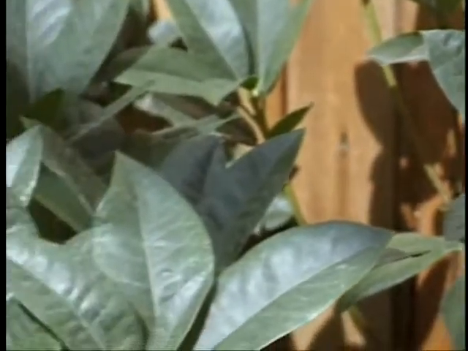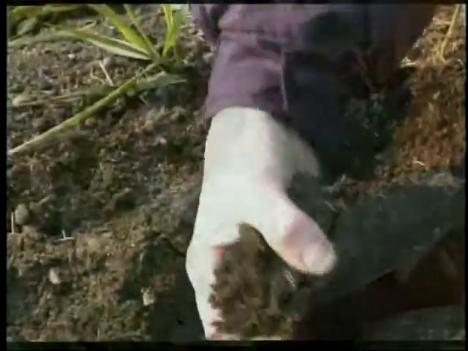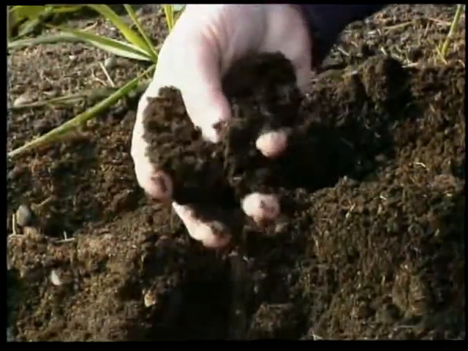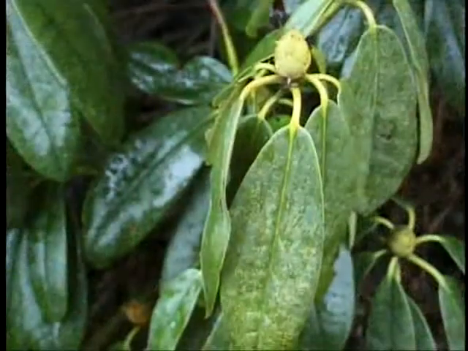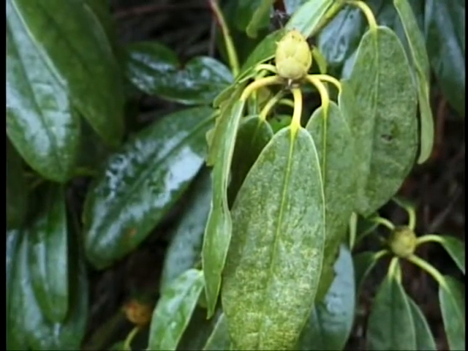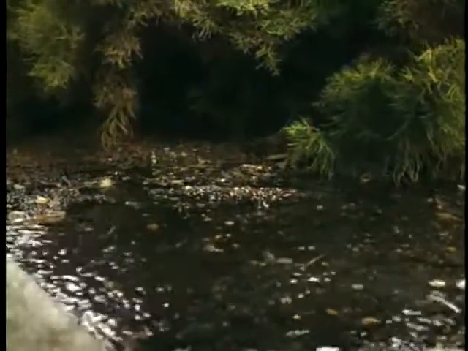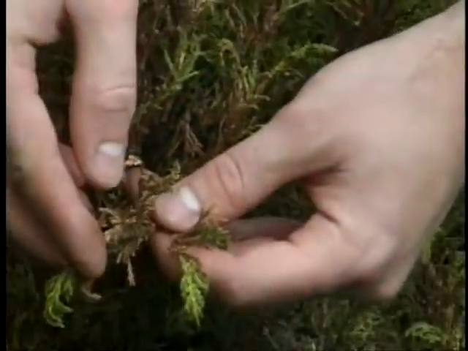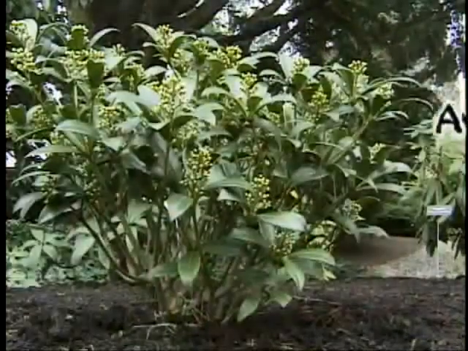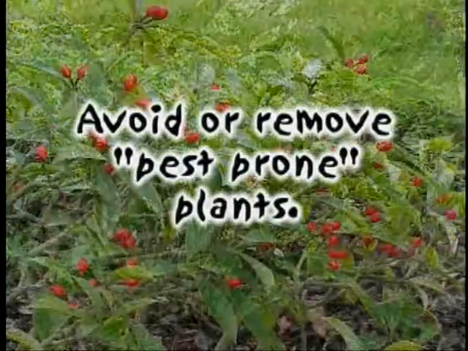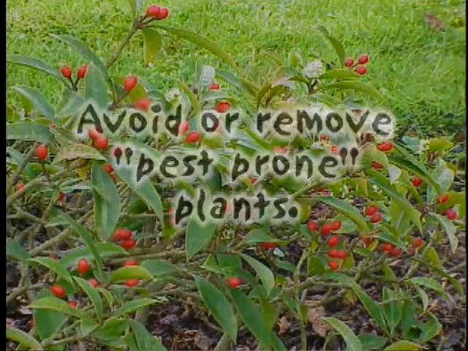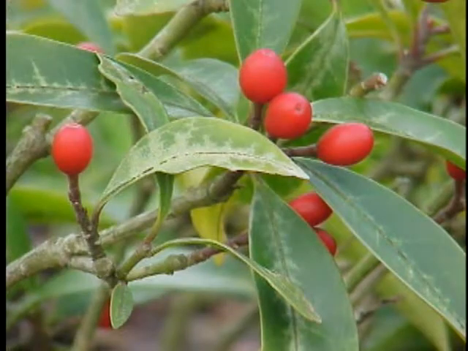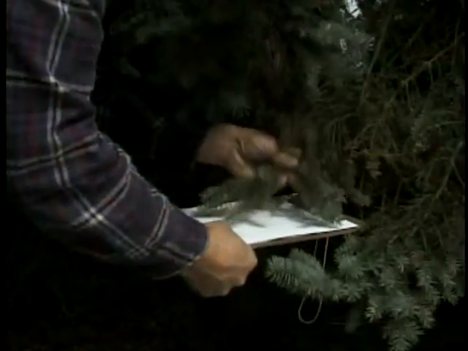For example, rhododendrons need good drainage, moisture, and an acidic organic soil. If planted in poorly drained clay soils, you subject them to root rots. Many junipers cannot handle wet or poorly drained soil for the same reason. Avoid using key plants or pest-prone plants like skimmia, which has chronic spider mite problems, or spruce, which are often beleaguered by aphids.